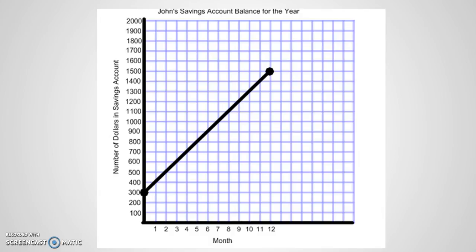And if the slope is 100, for every unit that is changed on the x-axis, the y-axis increases by 100. So the actual equation for this line becomes y equals 100x plus 300. This is the linear relationship.